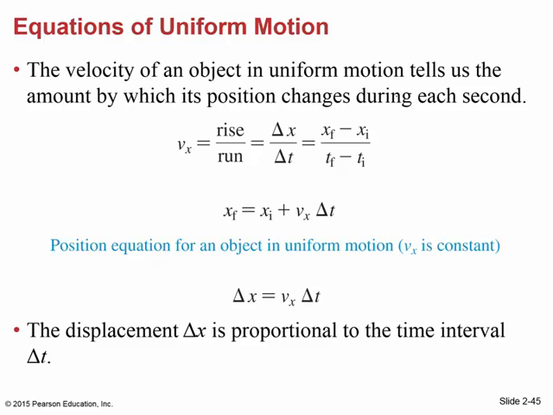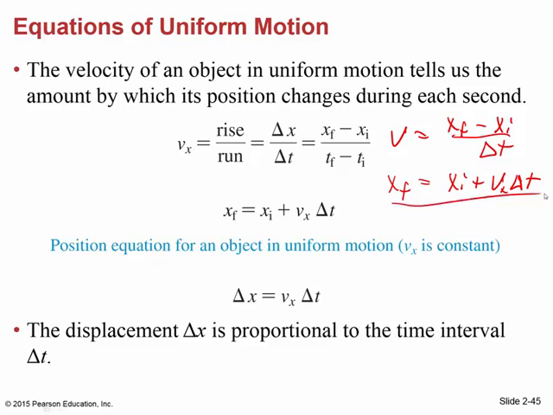If we take velocity and say x final minus x initial over delta t, and solve for x final, notice what the equation becomes: x final equals x initial plus v in the x direction times delta t. All right, there's our first kinematic equation.